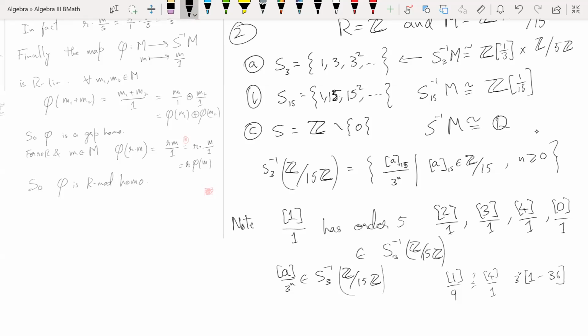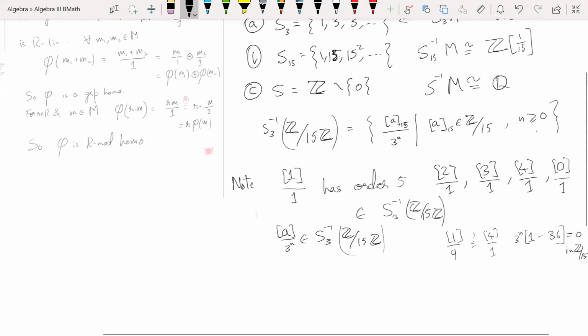Some 3 power something is 0 in this or not. No, this is 35, yeah, 35 times 3. So this is 0 in Z mod 15, because 5 is a factor of 35, and when you multiply by 3, then 15 will be a factor.